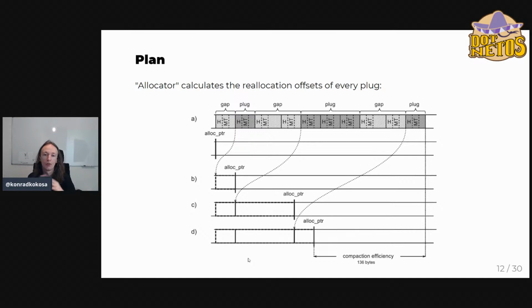So it is all happening virtually on the side, with the help of the allocator's internal data, to make those reallocation offset calculations. Which is nice, because we are somehow allocating something without making those allocations, only to calculate the resulting offsets. Because what we end up with is just the new address, we subtract the old address, and we have the reallocation offset to put inside our plug info.